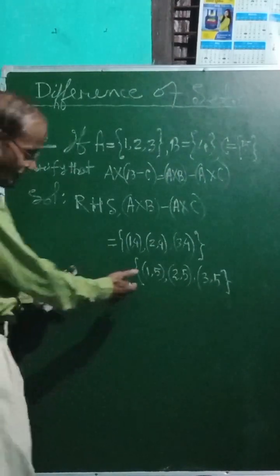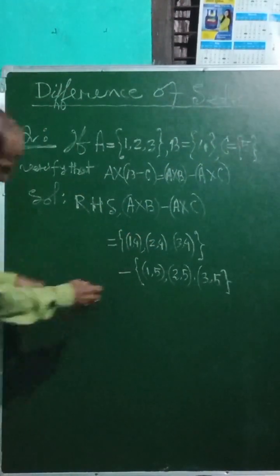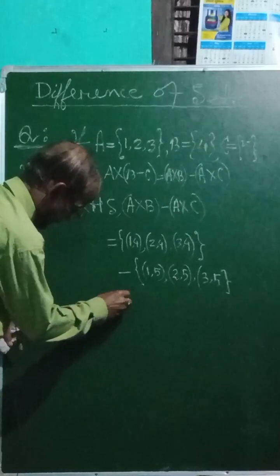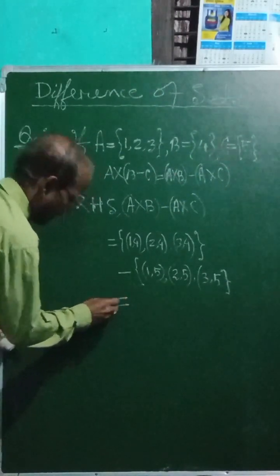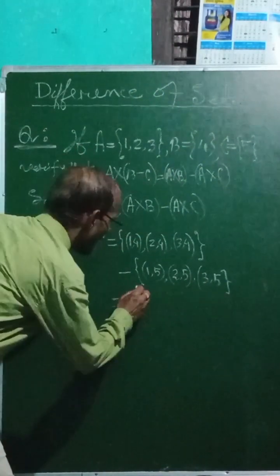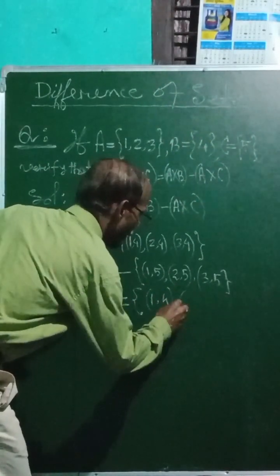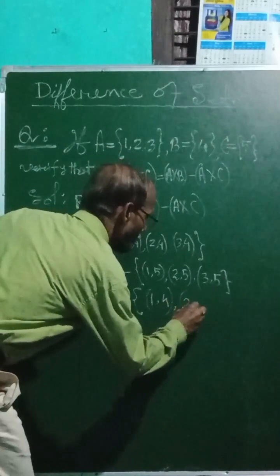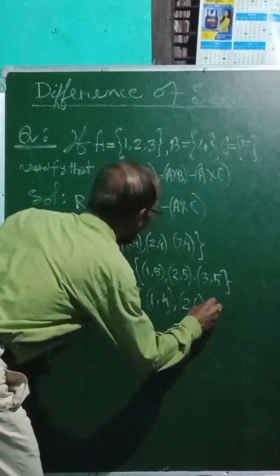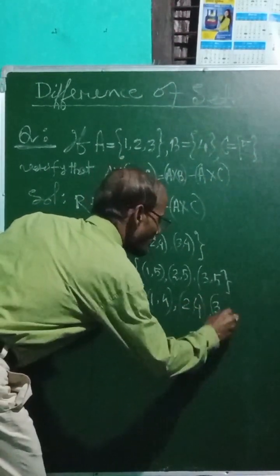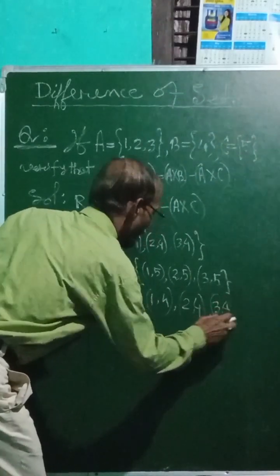They are completely disjoint sets. So this set itself is equal to {(1, 4), (2, 4), (3, 4)}.